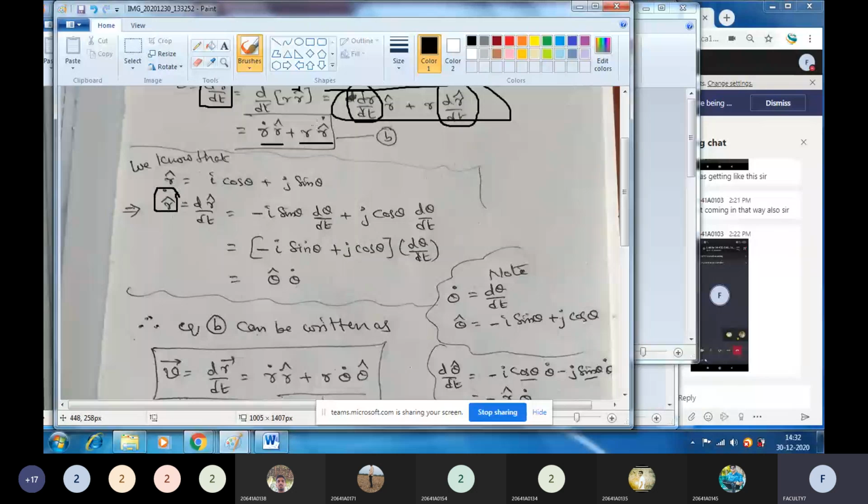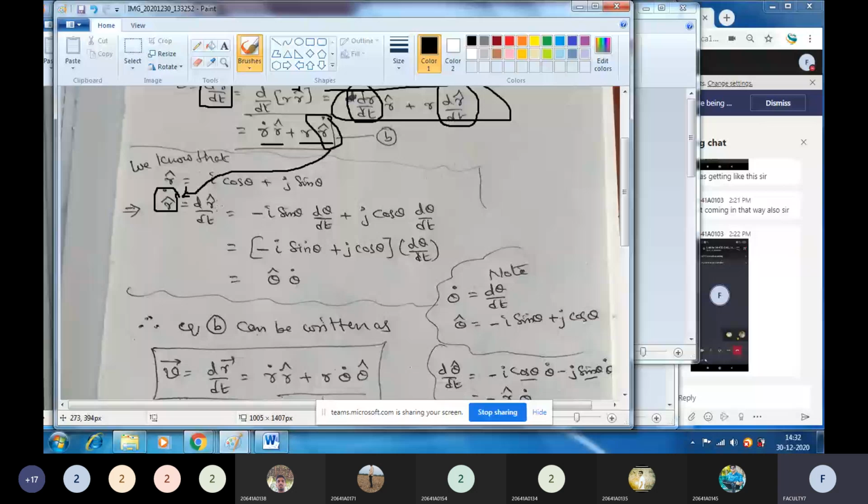Here you got r cap dot, r cap dot is there. So now you try to get the value of this. R cap dot means you need to find the derivative of this, so you simply substitute the value of r cap.